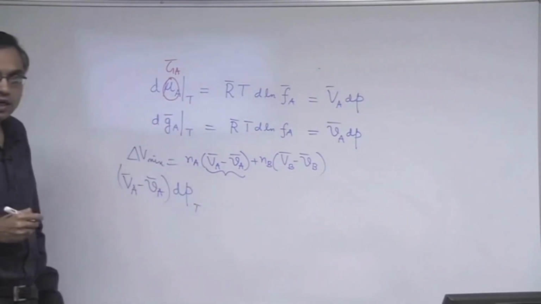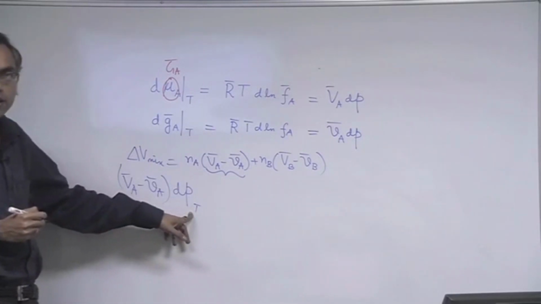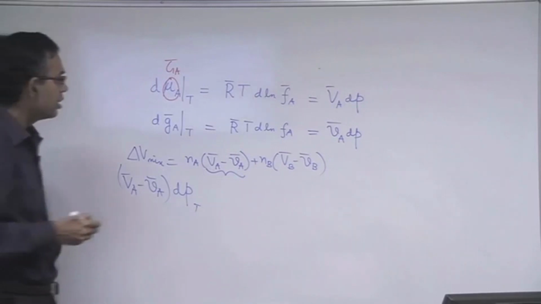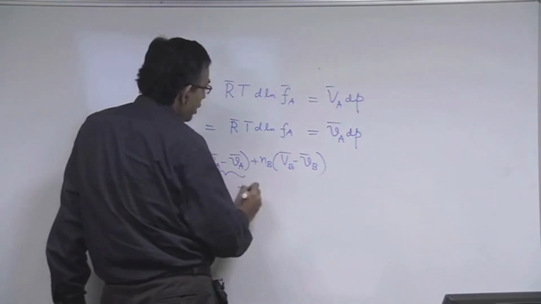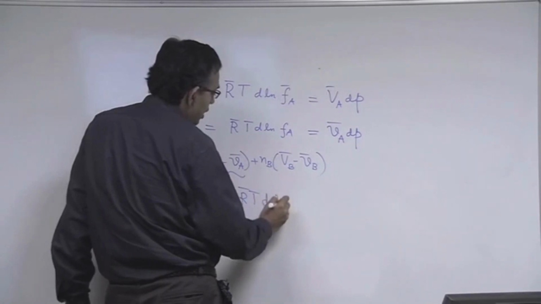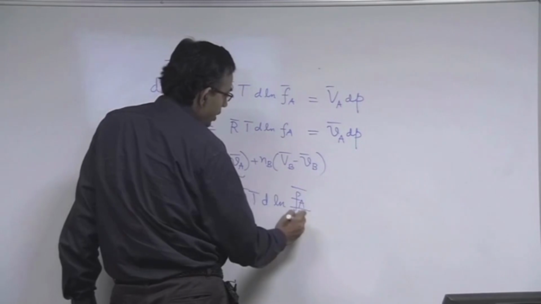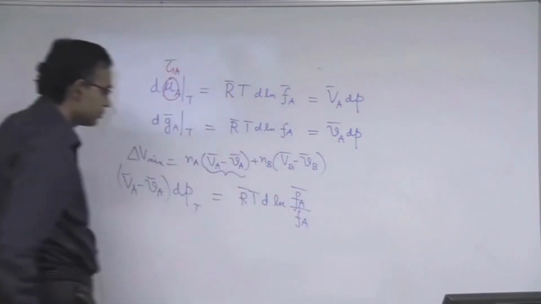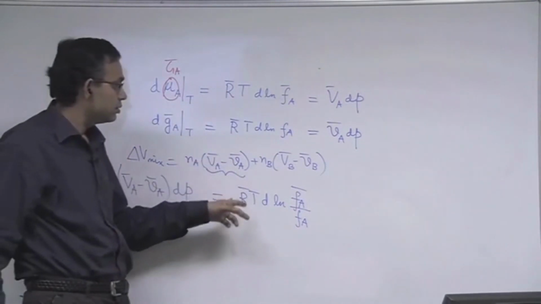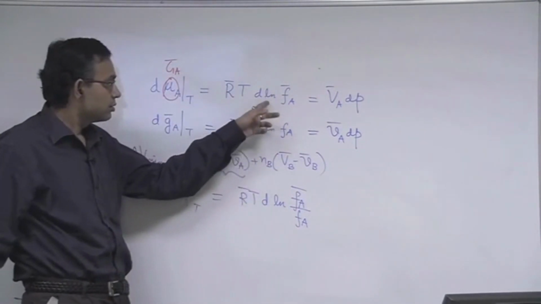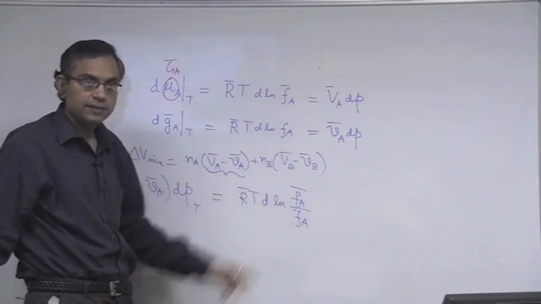Remember, all the things are at constant temperature, so you can emphasize it by writing a subscript T, is equal to RT d ln F bar A by F A, right. Log of this minus log of this.